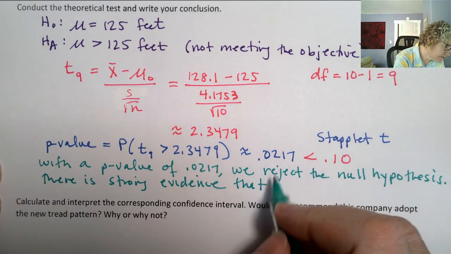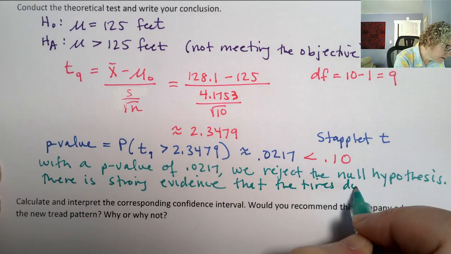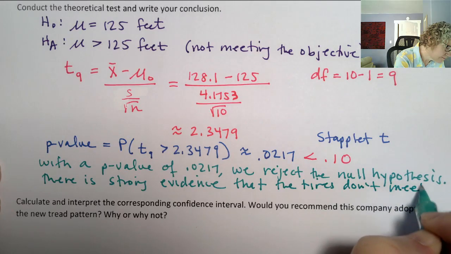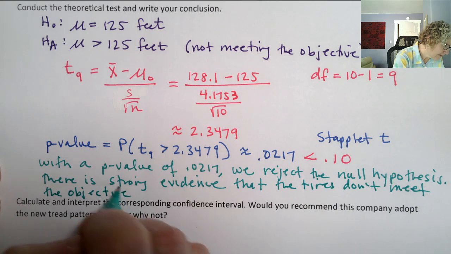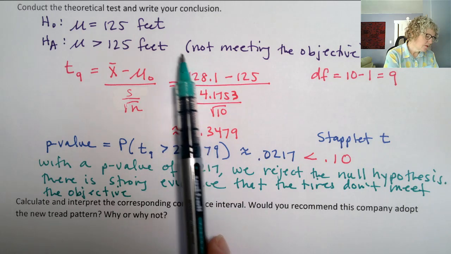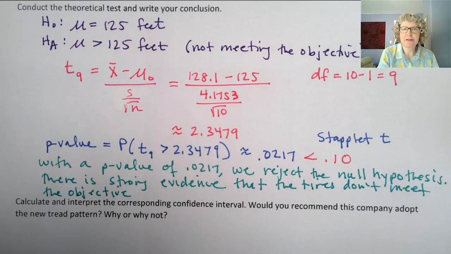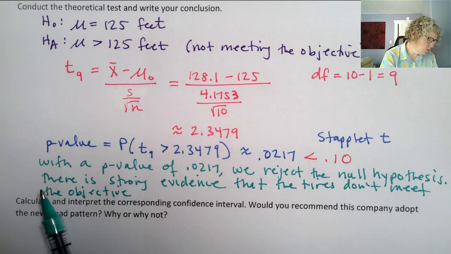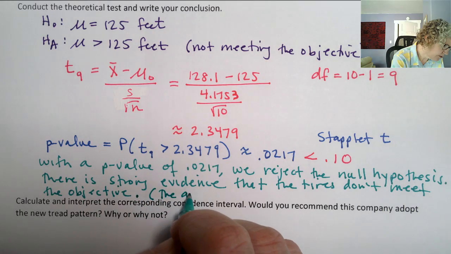And then we can interpret that further. There is strong evidence because we're rejecting the null. We're saying we're siding with the claim that they're not meeting the objective. So it's strange to have this sort of double negative situation or opposite situation.